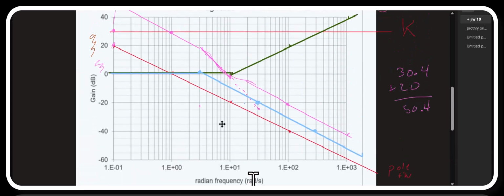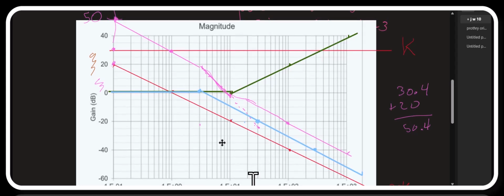So on our graph, remember the pink line, that's our composite. So that one we're not adding in. At 0.1, we have slopes of 0, 0, and negative 20. So we add those together to get negative 20. When I get to 3, now I have slopes of negative 20, negative 20, 0, 0, and 0.